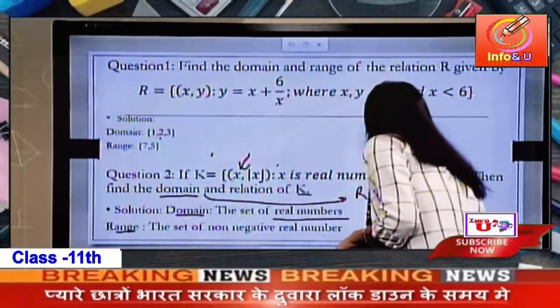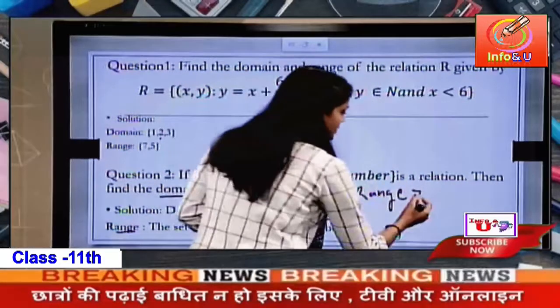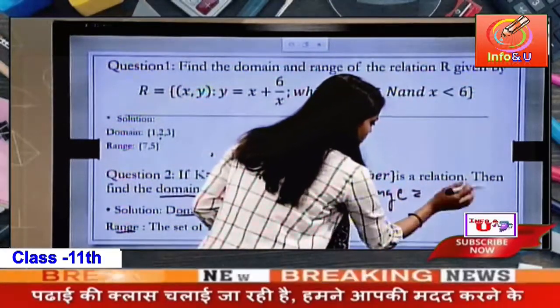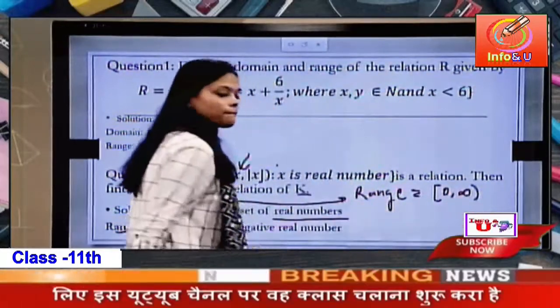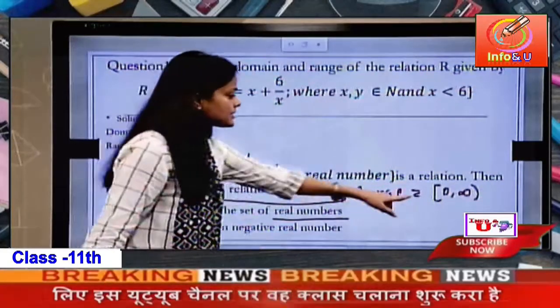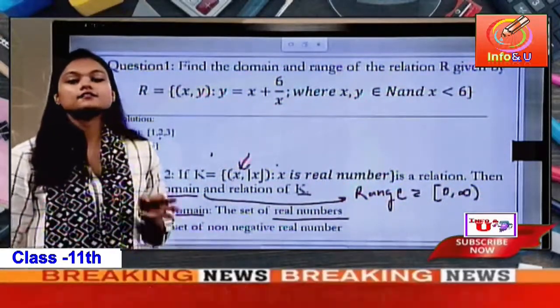So the range becomes 0 till infinity, and this represents the set of all non-negative real numbers.